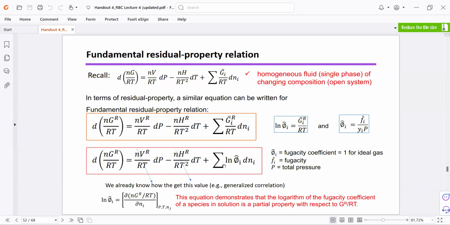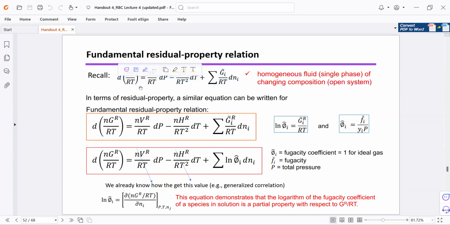Now we move on to the fundamental residual property relation. I hope you still remember this equation right here. In your ChE 142, the equation stops at this term, but that is for a pure species, which means it has a single composition.